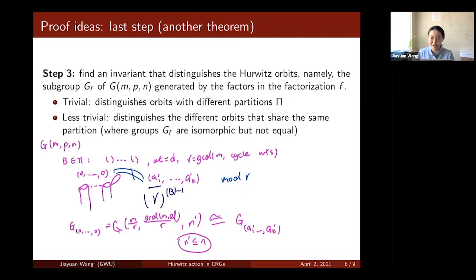So this is how we arrived at the counting formula in the theorem. So in order to count the orbits, we can just count how many different weights we have mod R. And to answer Theo's earlier question, this is how we know for sure that we covered all the factorizations.